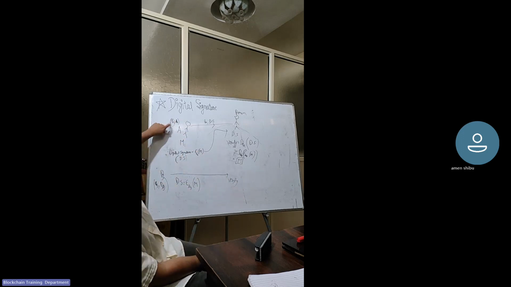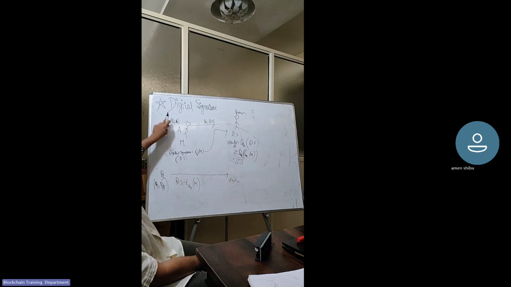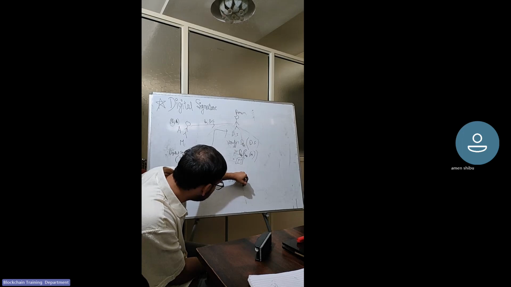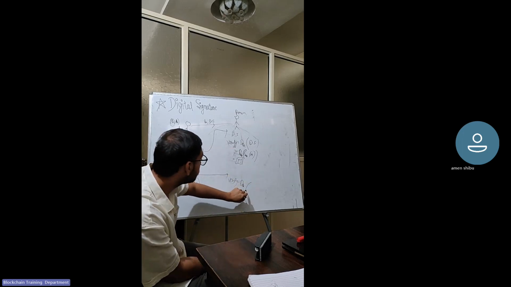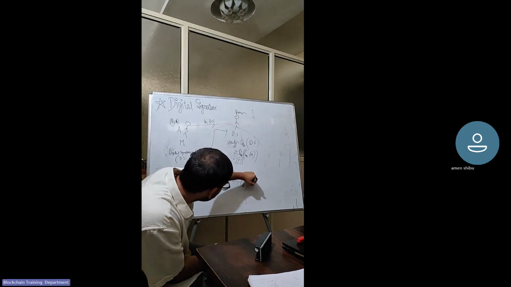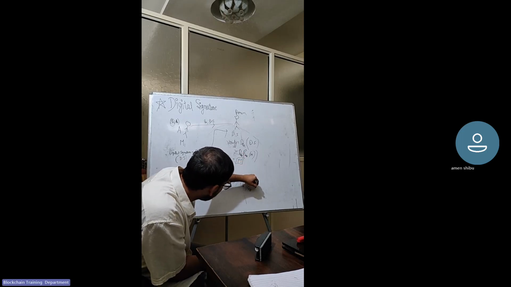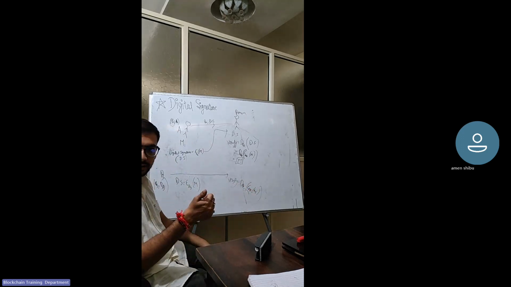You will use the public key of A, applied to the private key of B. So you'll apply D of PA, because we are here for verification, just to know whether this is A or this is B, and this E of DB of M. Now they will not cancel out each other because they are different, right?